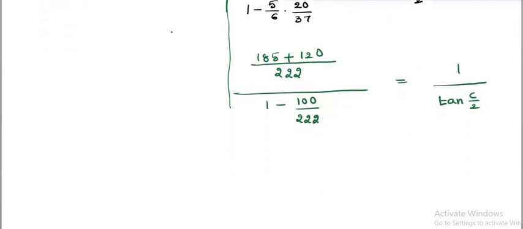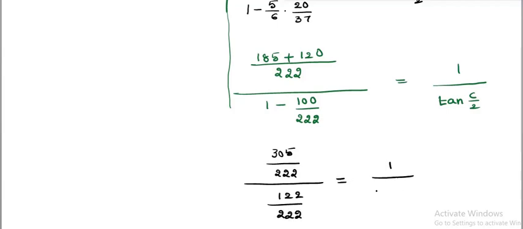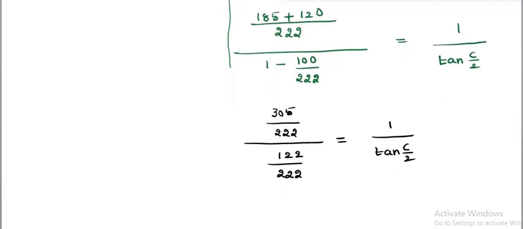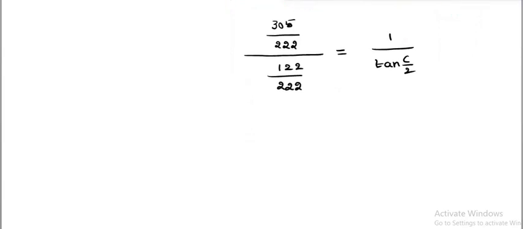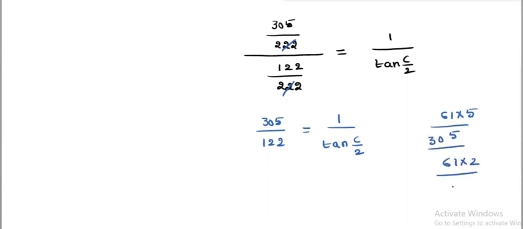So both sides: 185 plus 120, that is 305 by 222, whole divided by 222 minus 100, 122 by 222, is equal to 1 by tan C by 2. So cancelling 222, 305 by 122 is equal to 1 by tan C by 2. 61 fives are 305, 61 twos are 122, so directly cancelling, 5 by 2.